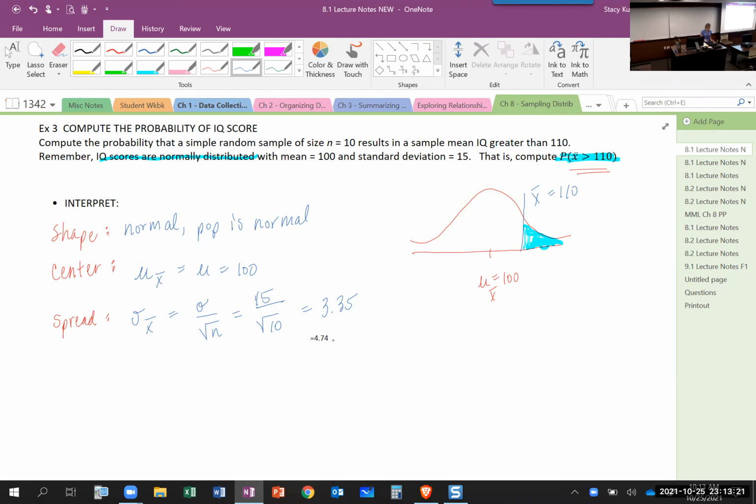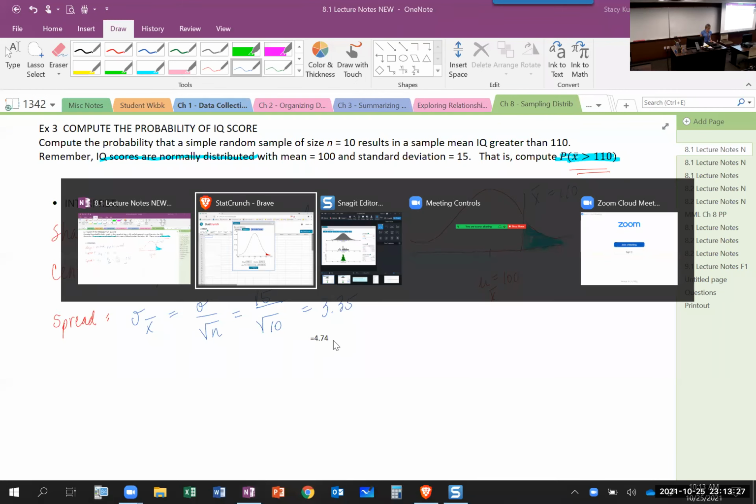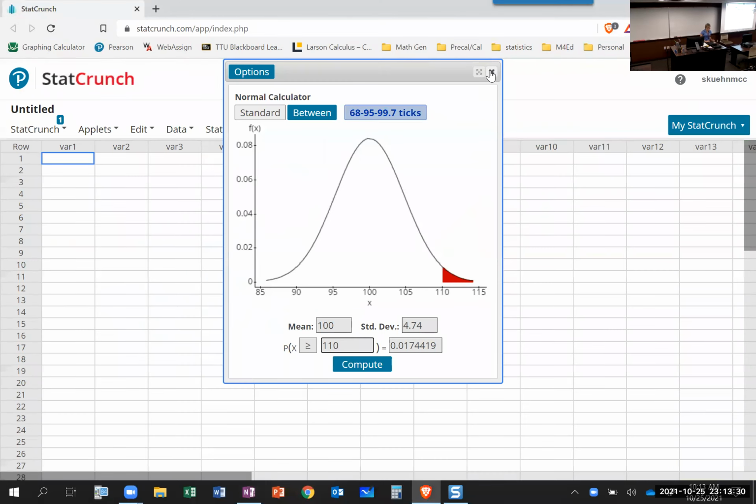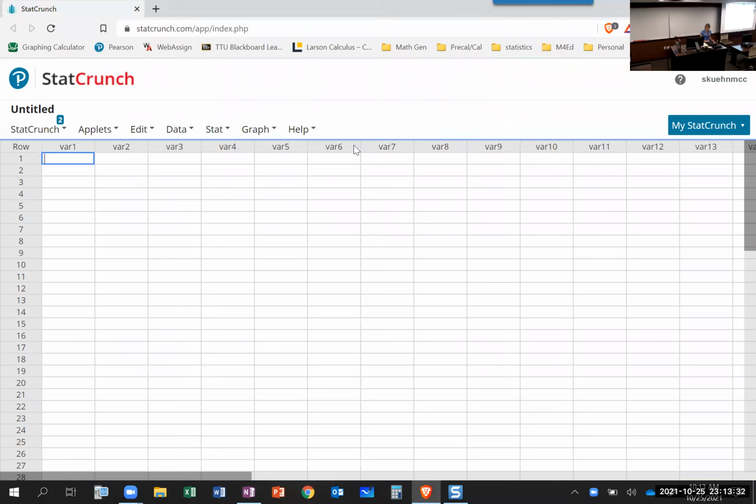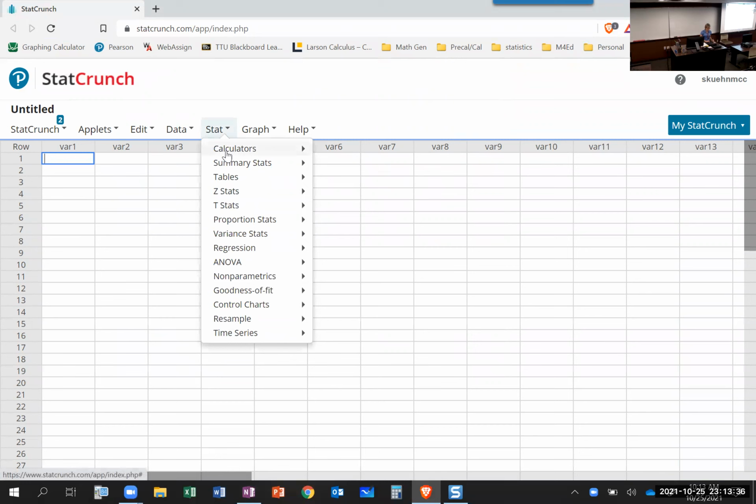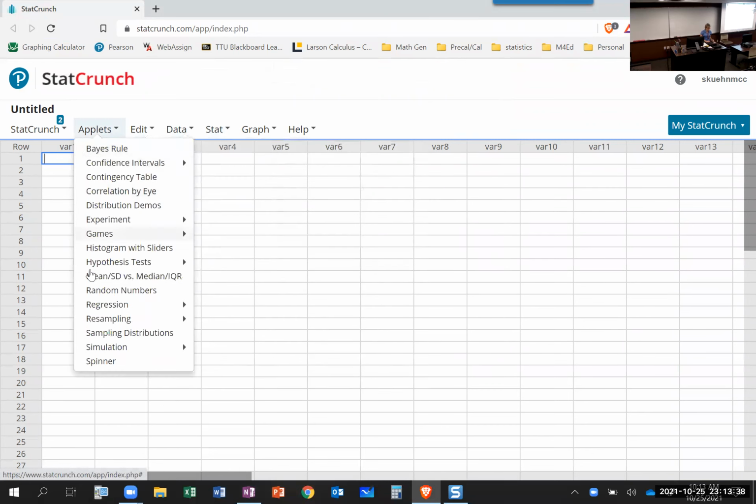Okay, well, that's all fine and well, but let's see what happens now. Let's go back this way, and let's see if I can change this.